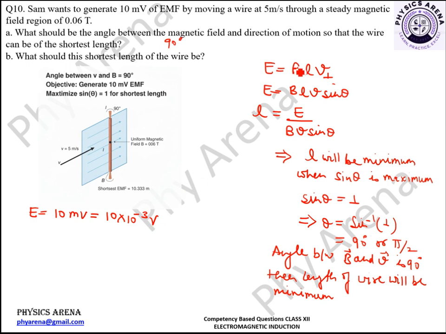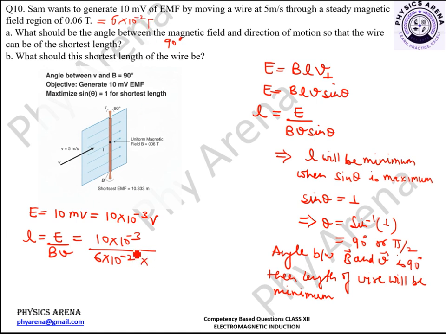So let's put the values of B and V perpendicular in this equation. We will be using L is equal to E divided by VB. That will be equal to 10 multiplied by 10 to the power minus 3 divided by 6 into 10 to the power minus 2, because this magnetic field is 0.06 and we can write it as 6 multiplied by 10 to the power minus 2 Tesla.